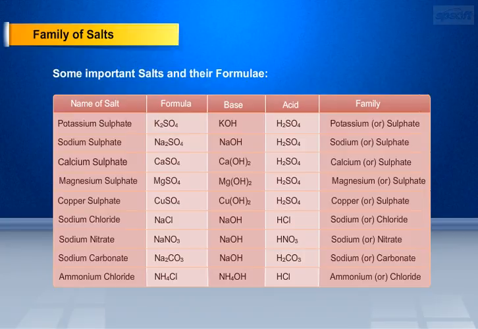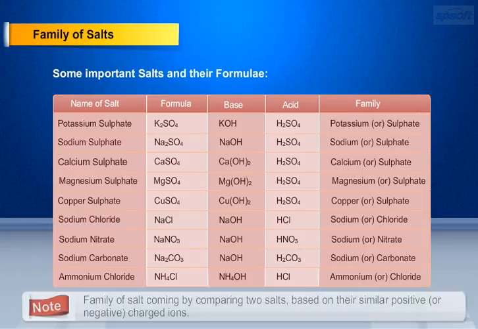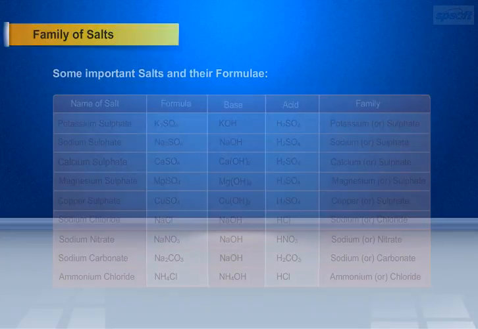Formula for ammonium chloride is NH4Cl. Its base is NH4OH, and acid is HCl, and it belongs to ammonium or chloride family. Please note that the family of a salt is found by comparing two salts, based on their similar positive or negative charged ions.